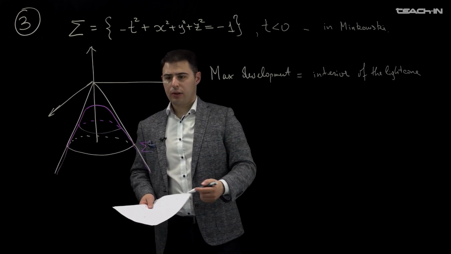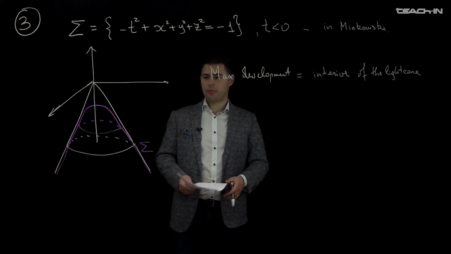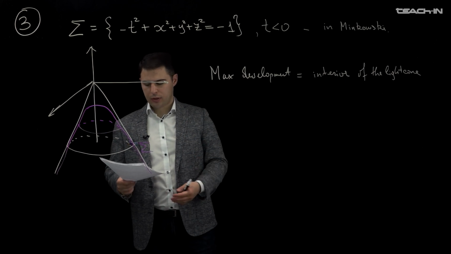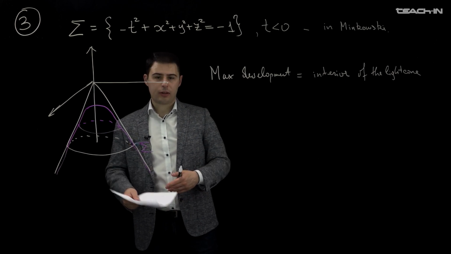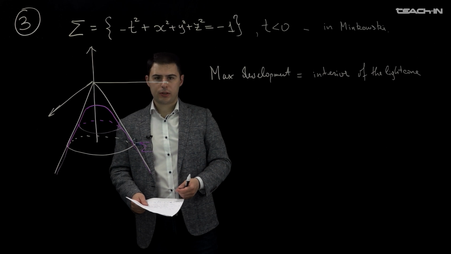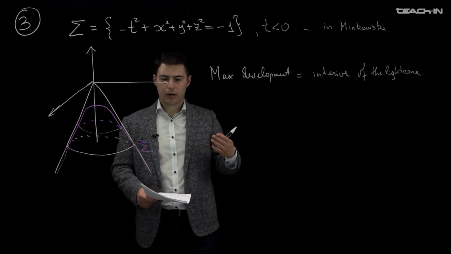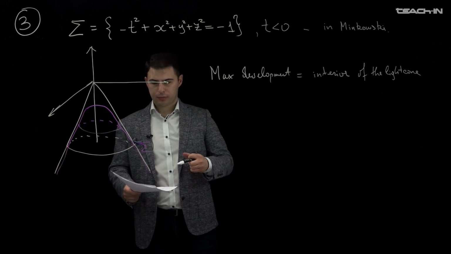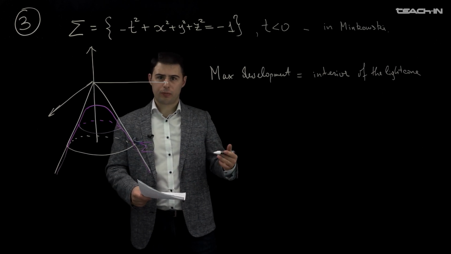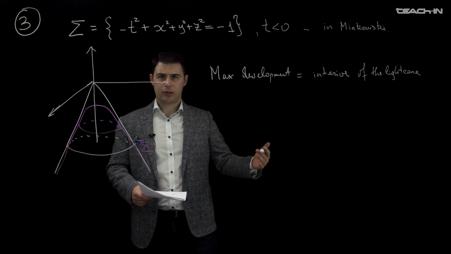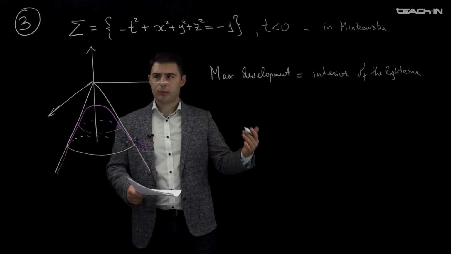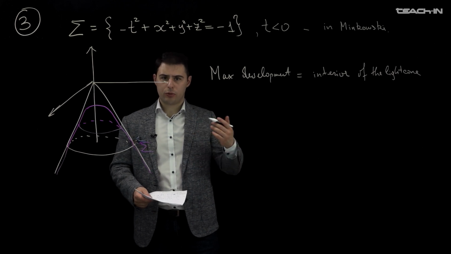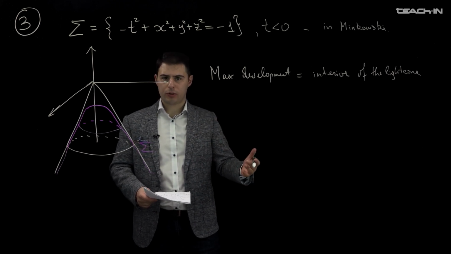So here the reason for the extendability of the maximal development is the fact that the initial data surface is asymptotically null. At large distances, the asymptotics of the surface is similar to null hypersurfaces.